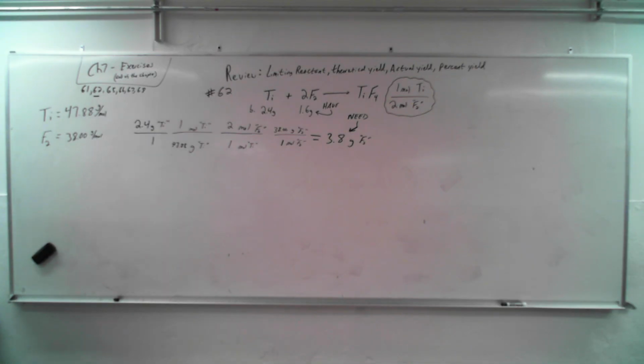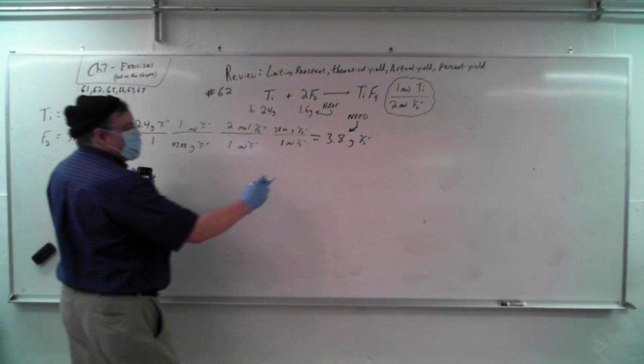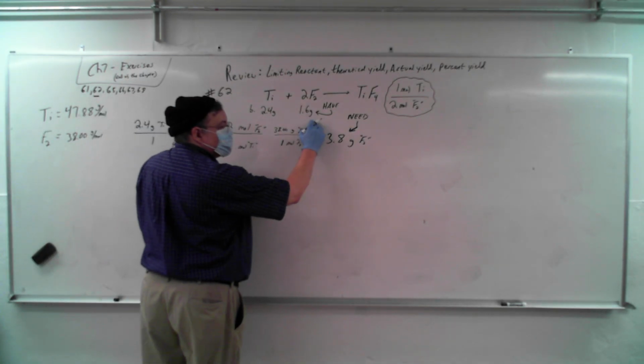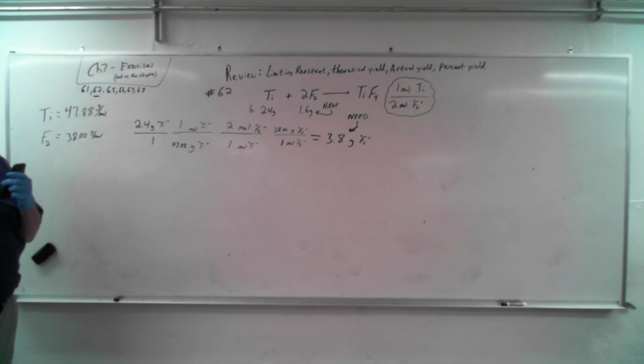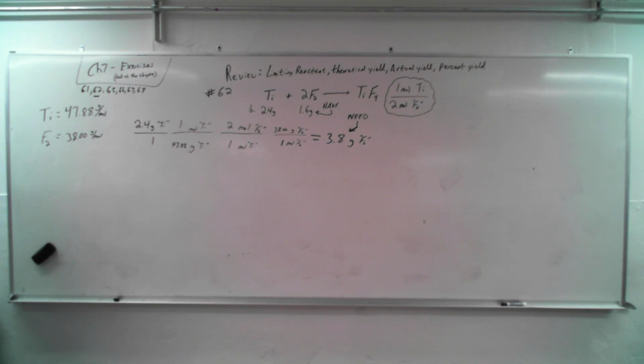So what's our conclusion? We can make a conclusion now. That fluorine's the limiting reactant. Or no, fluorine's not the limiting reactant because you have more than this. This is how much we need. This is how much we have. So the conclusion is, you were doing it right. Fluorine is limiting. Fluorine is limited.